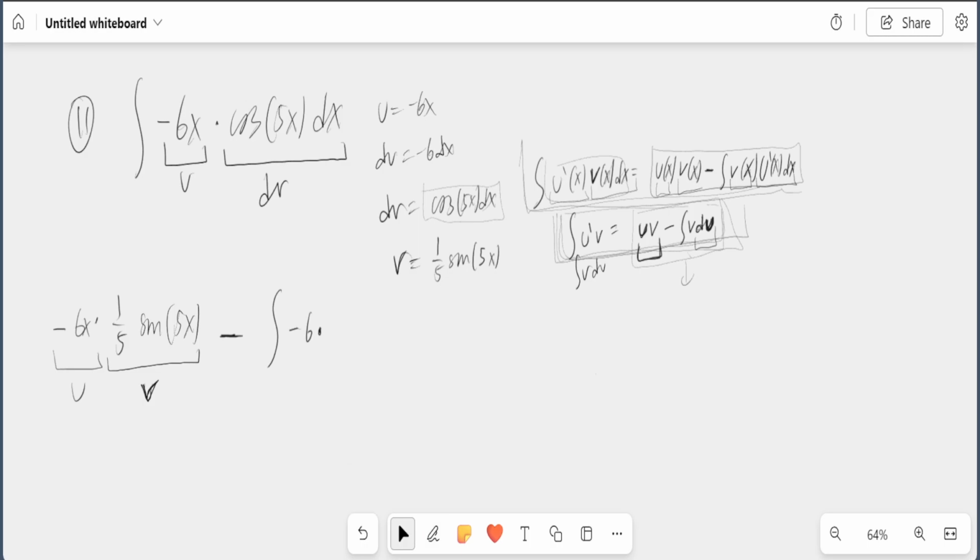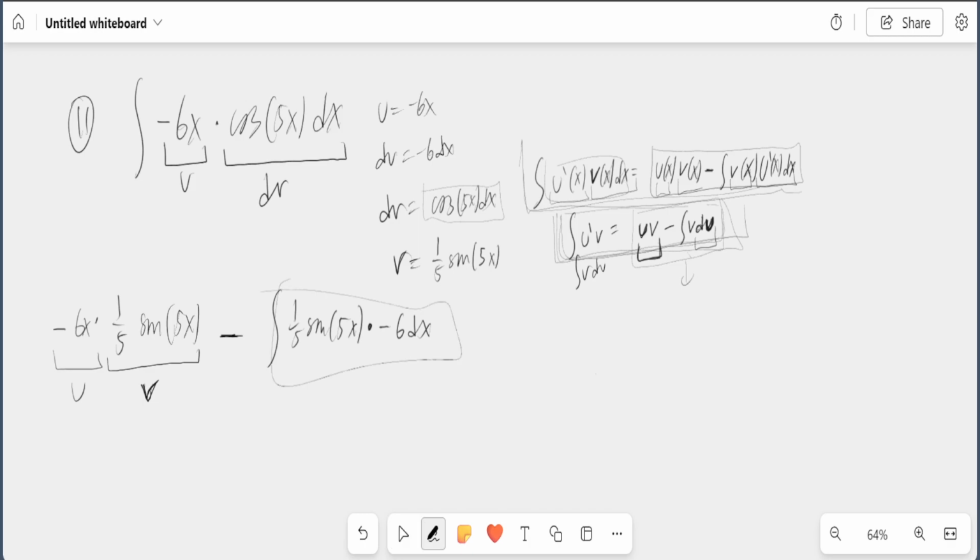Okay, and then just put that in brackets minus the integral of v du, right? And v is 1/5 sine 5x. And then du is negative 6 dx.